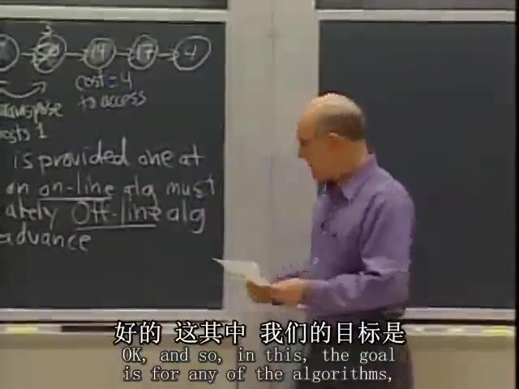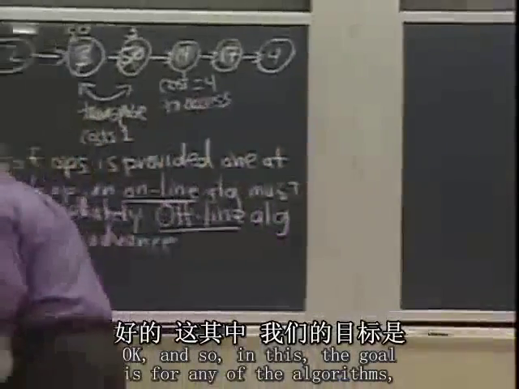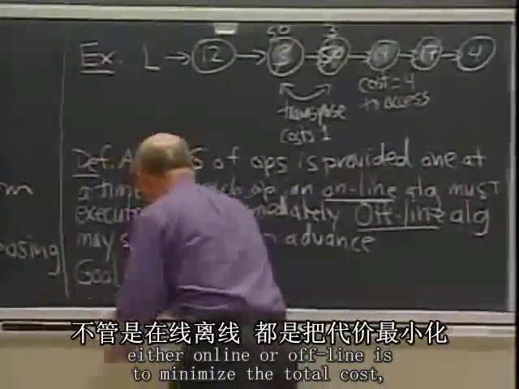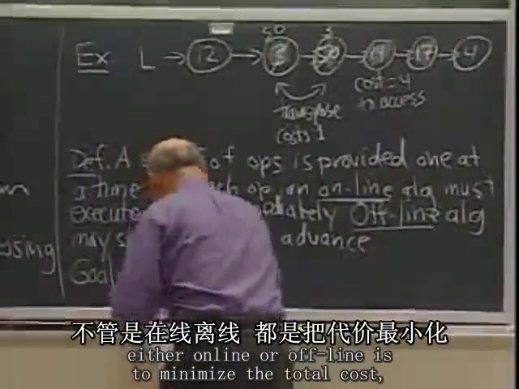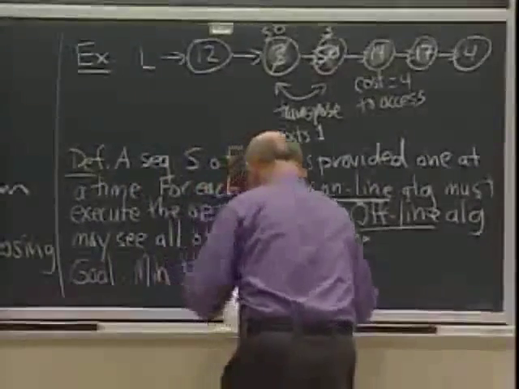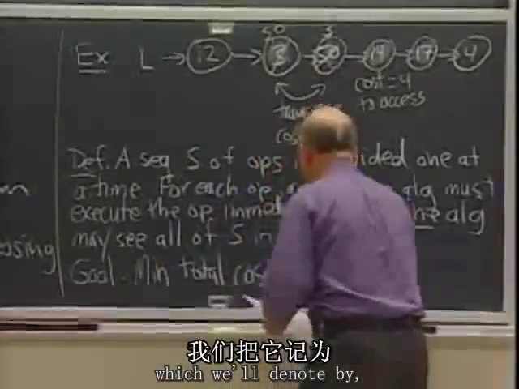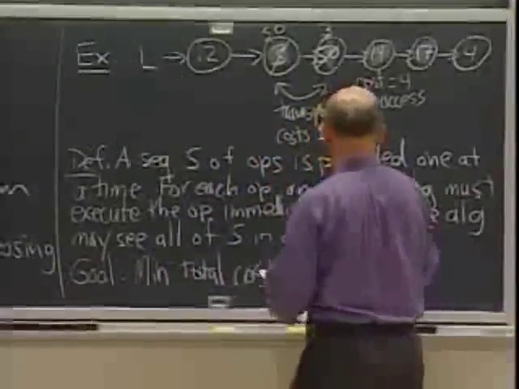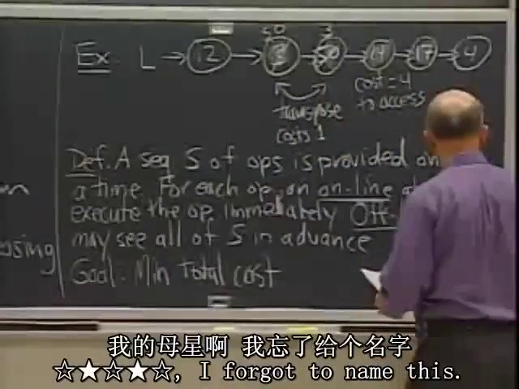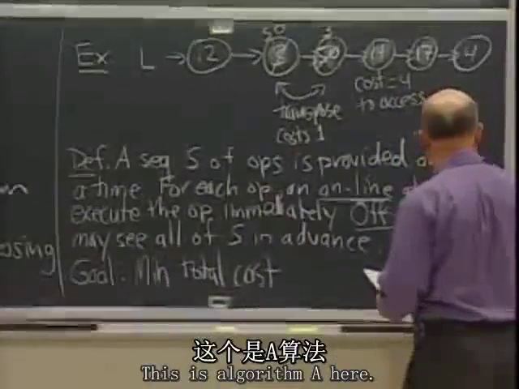Okay, and so in this, the goal for any of the algorithms, either online or offline, is to minimize the total cost, which we'll denote by, I forgot to name this, this is algorithm A here.